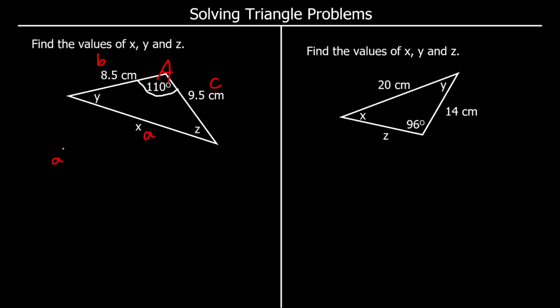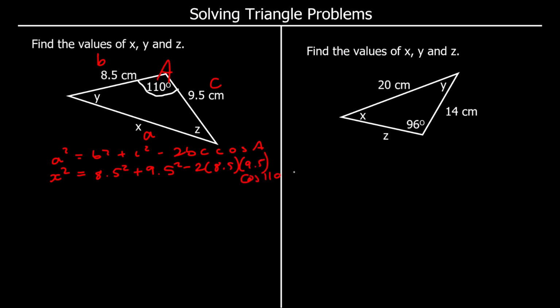So the cosine rule, a squared equals b squared plus c squared minus 2bc cos A. So we're going to have x squared equals 8.5 squared plus 9.5 squared minus 2 times 8.5 times 9.5 cos 110.